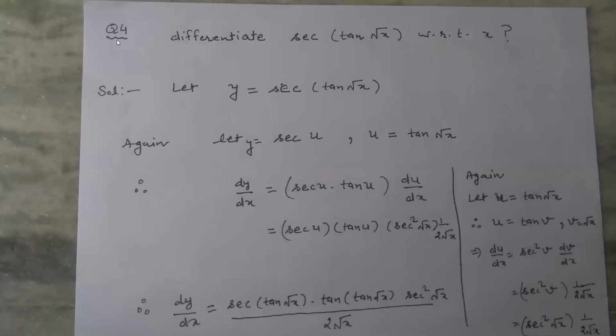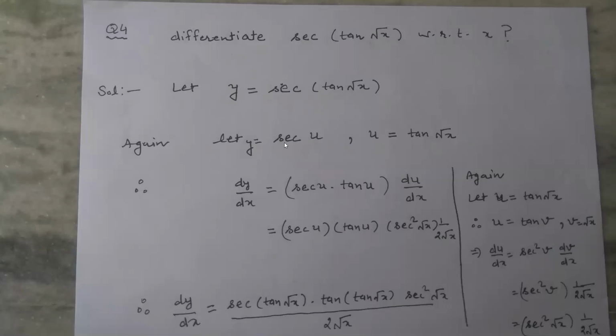Now question number 4, differentiate secant of tangent of square root x with respect to x. Here again we take y is equal to sec(tan √x). So let y be equal to sec u, then u is equal to tan √x.